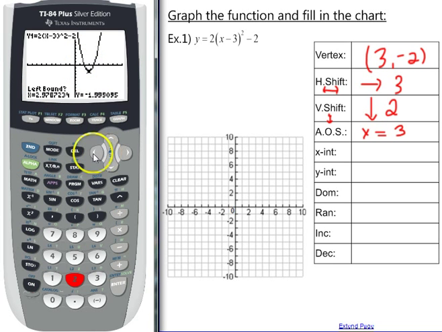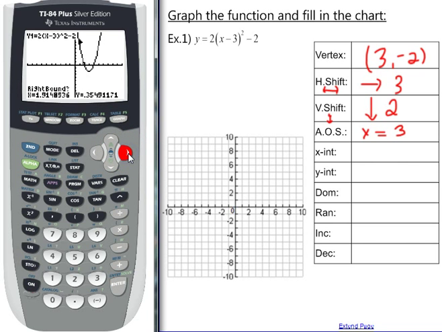So you want to choose one of the X-intercepts. So let's go with this one first, and then you want to be on the left side of it. So you put that spider guide as close to that X-intercept, and then you want to move to the left. So hit your cursor over to the left a couple times, and then hit enter. Then it asks for the right bound.